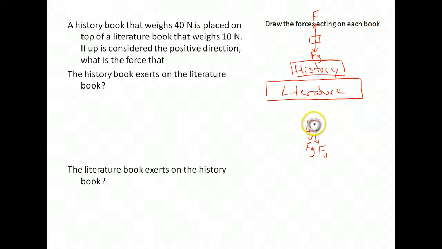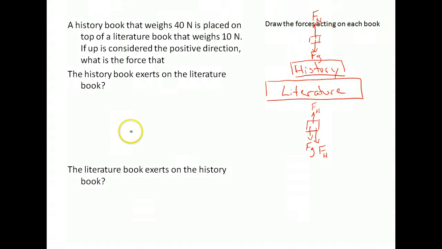And then we have the force of the table pushing this up, what we call the normal force in this case. Okay? And up here, that would also be the normal force, except the thing creating the normal force would be the literature book.